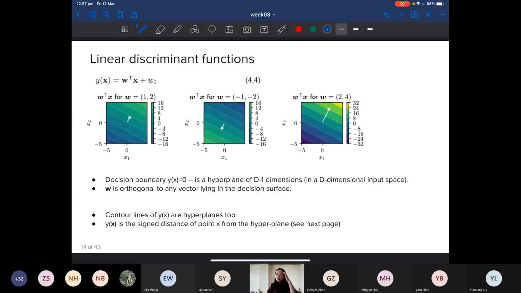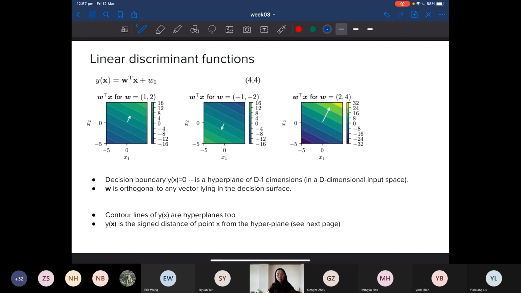So here's a picture of the simple linear discriminant. If we do w transpose x plus w0, here is what the contours of y look like for different values of w. For example, if w is (1, 2), then the contours of y are, of course, lines on the 2D plane.